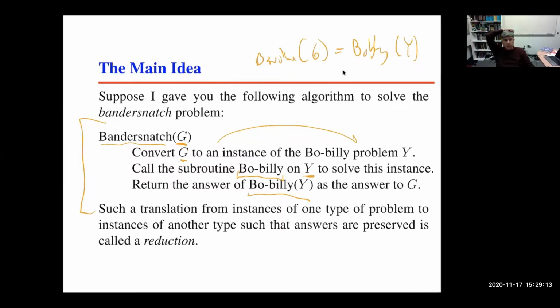Does everybody see that if we did this translation in a way that Bandersnatch of G is the same as mobility of Y, if I have a fast mobility solver, I can compute mobility of Y, and if the answers are the same, I can return mobility of Y as the answer. Any questions about that?